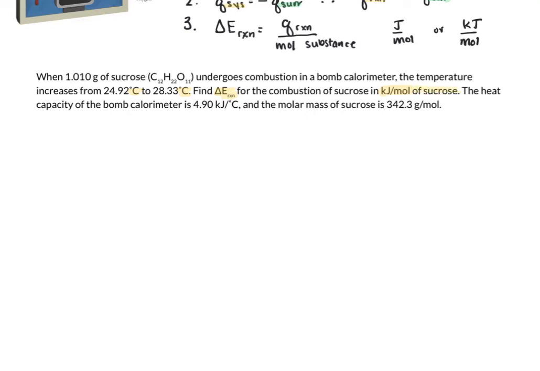So that means when we figure out how many kilojoules are released during this combustion reaction, we're going to have to divide that by the number of moles of sucrose. So it's asking us to find delta E of reaction in units of kilojoules per mole of sucrose.